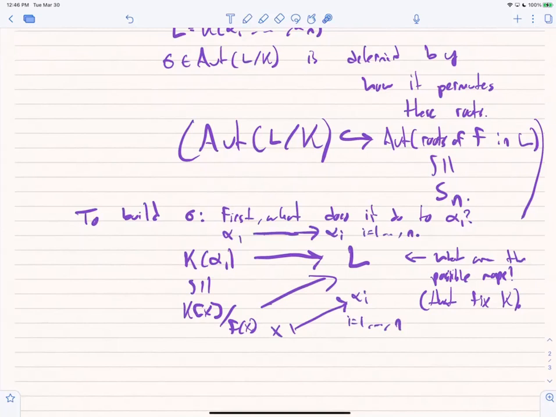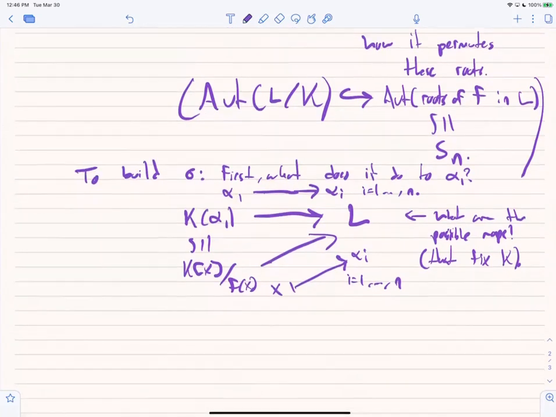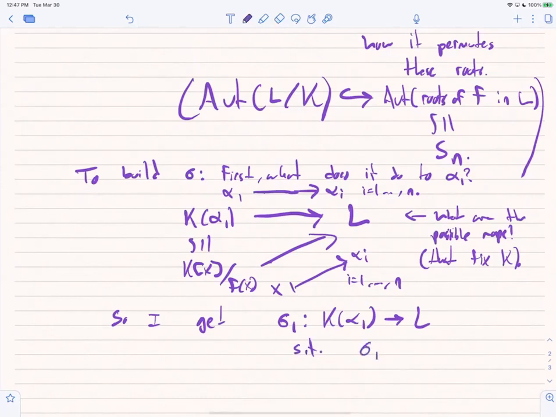In this smallest field, the field generated by alpha 1 is abstractly K[x] mod f(x), and to give a map from this to L is just to give a root of f(x). So I get sigma 1 from K(alpha 1) to L, such that sigma 1 of alpha 1 is equal to alpha i. For any i I can get this.